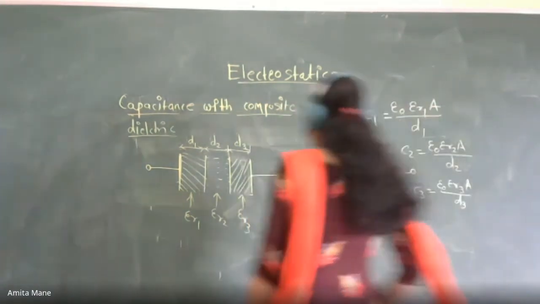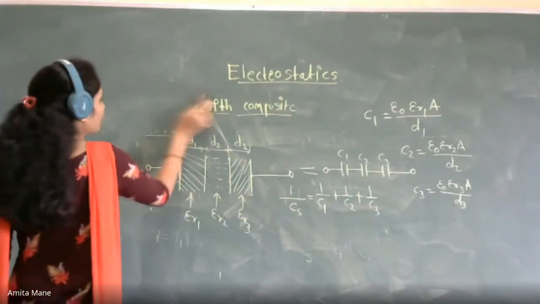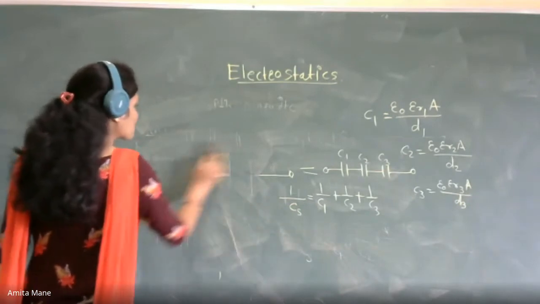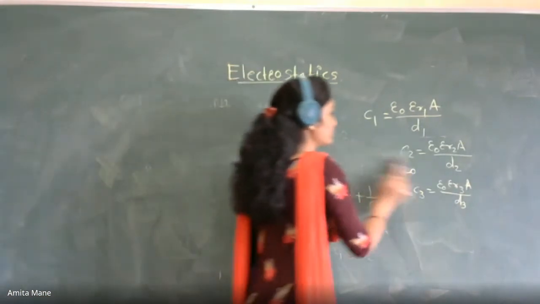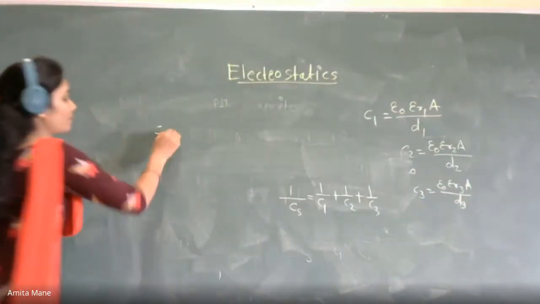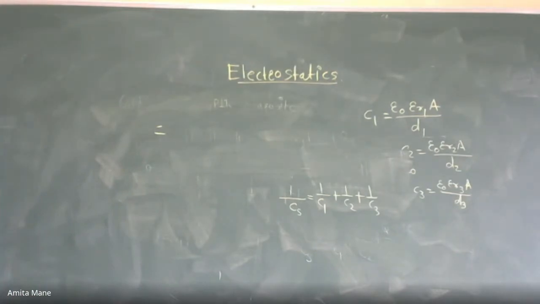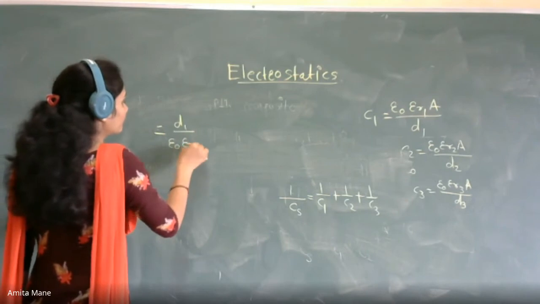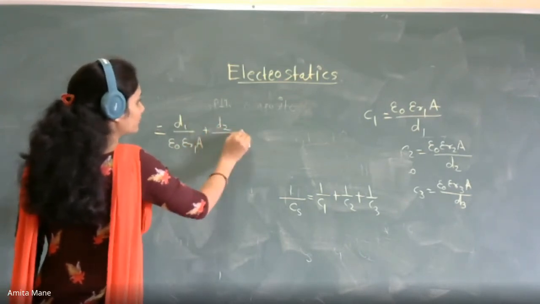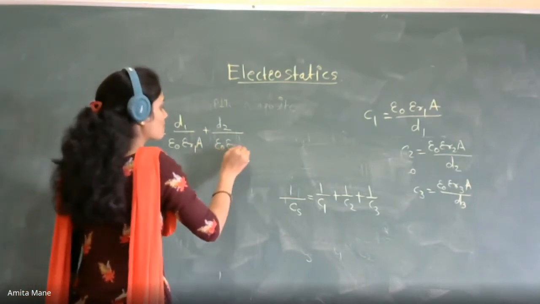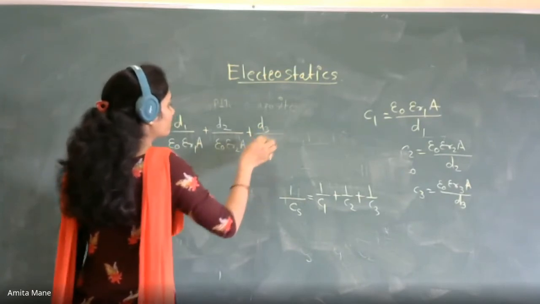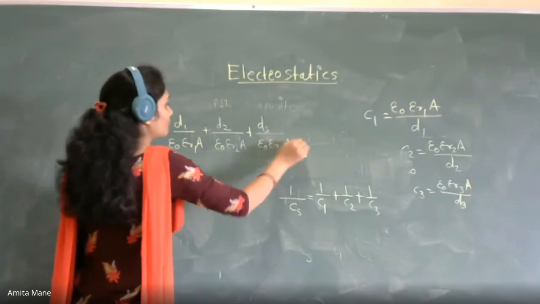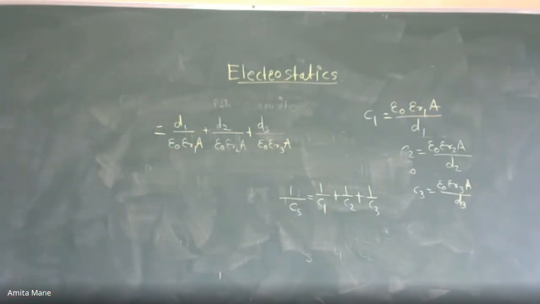Now, put all the values in this equation. So, अगर वैल्यू आप पुट करते हो C1 C2 तो 1 upon C equals D1 divided by epsilon 0 epsilon r1 A, plus D2 divided by epsilon 0 epsilon r2 A, and the third one.